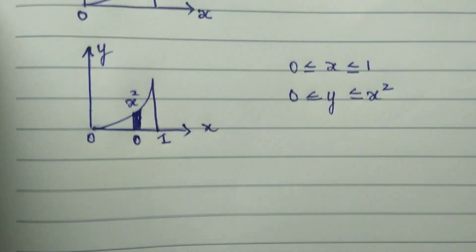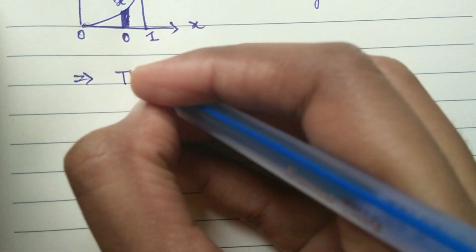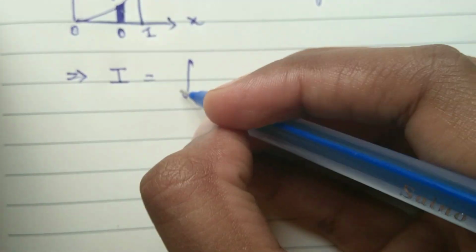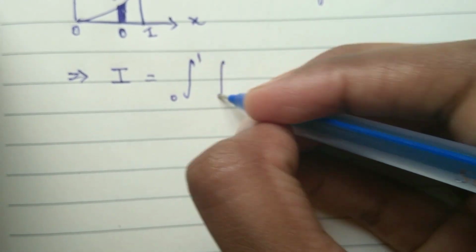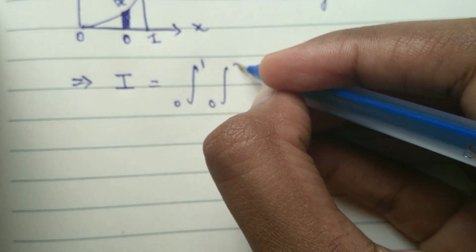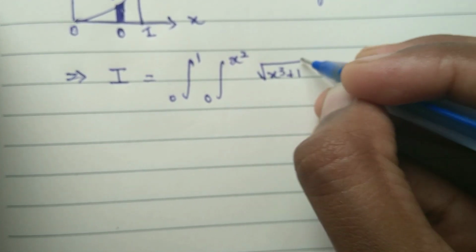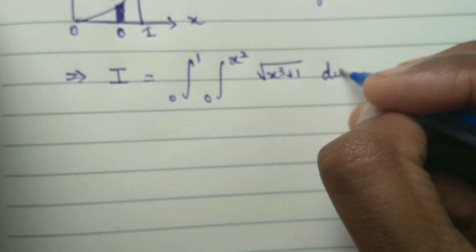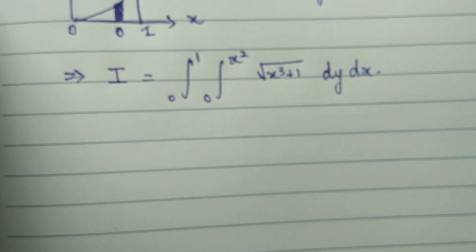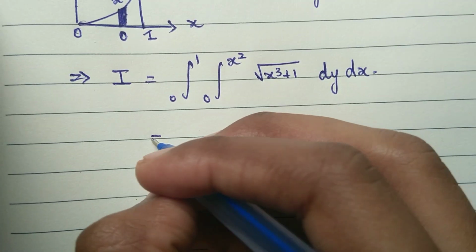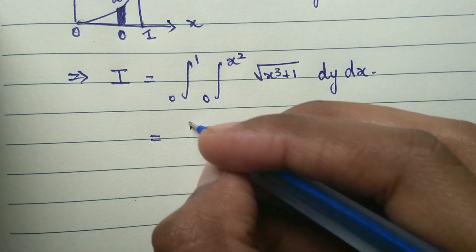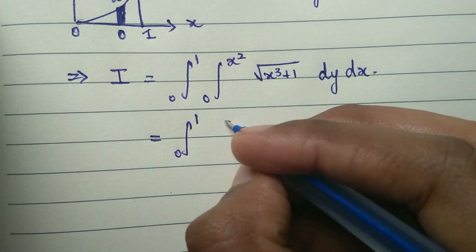Now let's proceed with the new limits and rewrite the equation, that is I equal to integral of 0 to 1 integral 0 to x square root of x cube plus 1 dy dx. Now this is quite simple, and it will be 0 to 1.